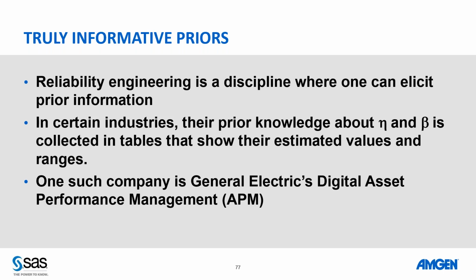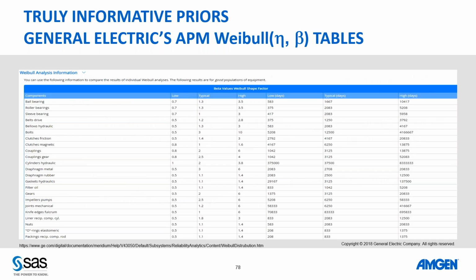But actually, GE is bigger than that. They used to be in the financial business. I don't think they're there anymore, but they make jet engines and locomotive engines, and for those, they have a very, very good reliability program. It's impressive what they do. And if you go to their website, you'll see a table like that. So this is the Weibull analysis information for a whole bunch of different things.